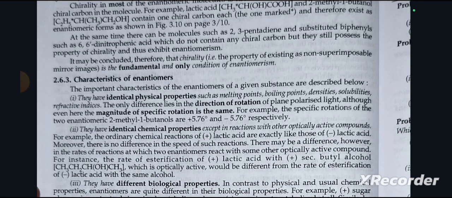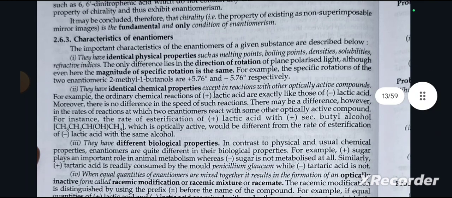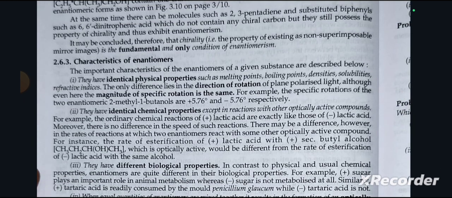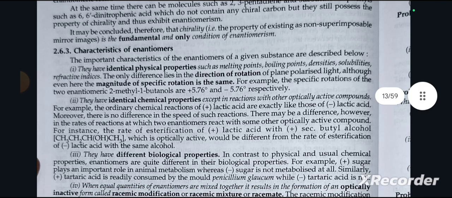At the same time, there can be molecules such as 2,3-pentadiene and substituted biphenyls such as 6,6'-dinitrodiphenic acid, which do not contain any chiral carbon, but they still possess the property of chirality and thus exhibit enantiomerism. It may be concluded, therefore, that chirality, that is, the property of existing as non-superimposable mirror images, is the fundamental and only condition of enantiomerism.